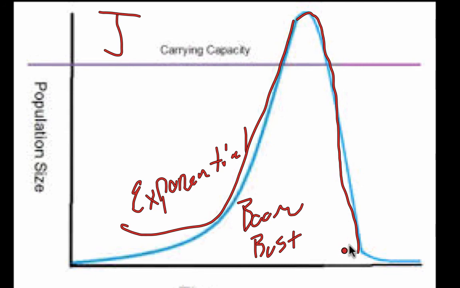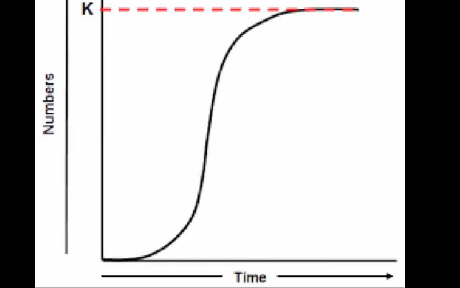Doesn't always die off all the way. A lot of times it just has to dip back below carrying capacity and can level out again. If it does level out again, then what we see is really an S curve start to unfold. Here we see our S curve. So what do we have? We have exponential growth all the way up to here.